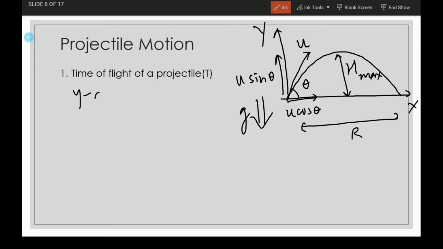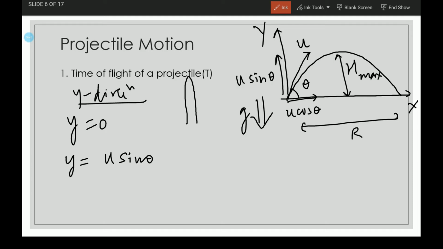In the y direction, the total displacement of the projectile is zero because it first moves upwards and then comes back to the same level. Since y is equal to 0, using the second equation of motion, y is equal to u sin theta, or the speed in the y direction, into t minus half g t square, because acceleration due to gravity acts downwards.